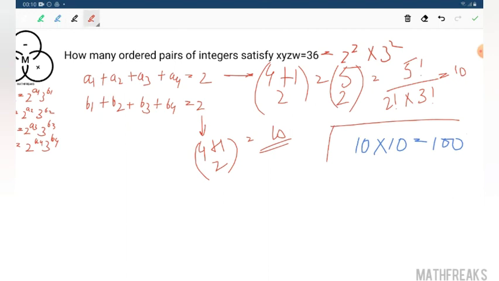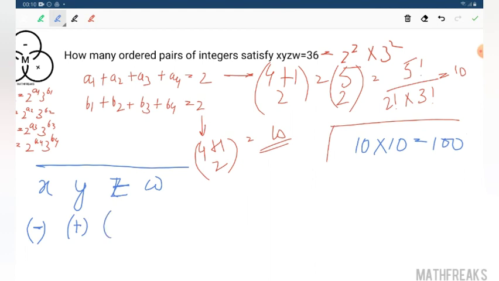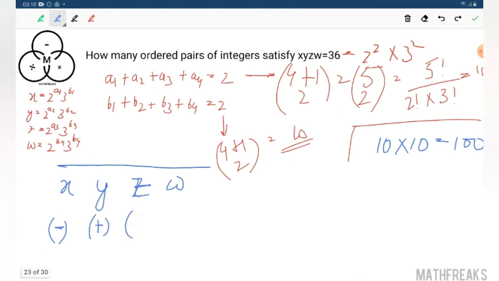So among x, y, z, w, if one of them is negative, this one is positive, this one is negative, this one is positive. This is one case.